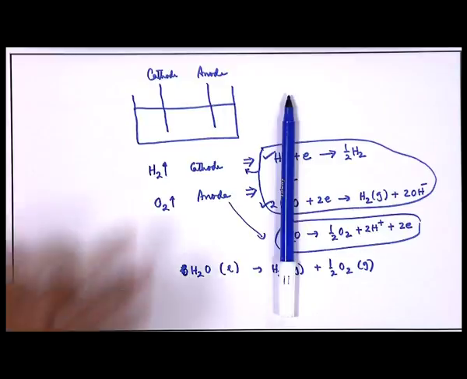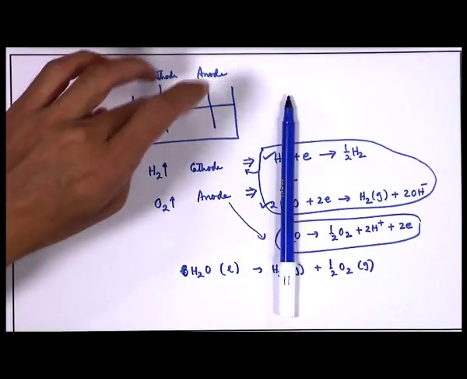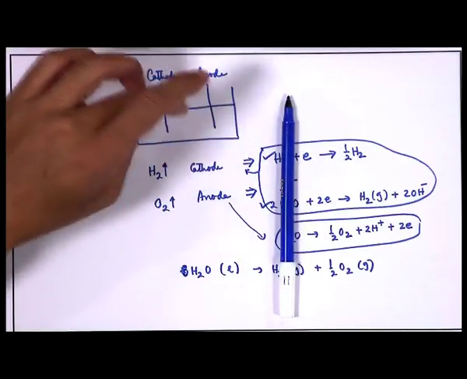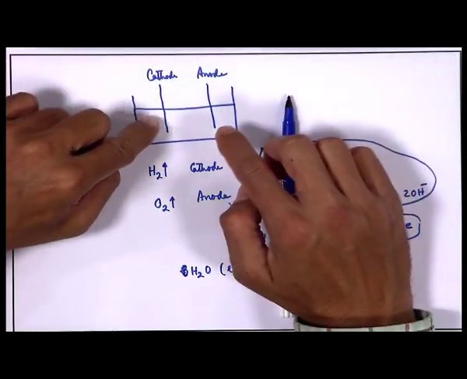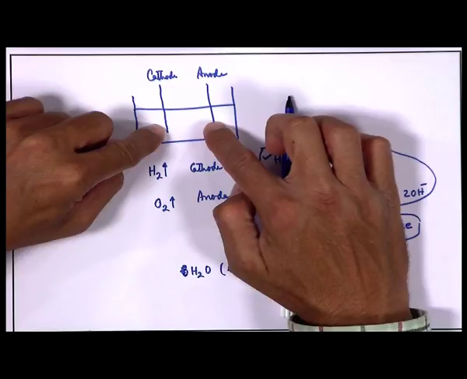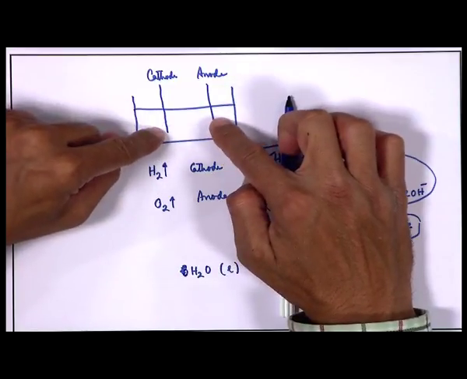Because if you supply DC, then whatever I was discussing over here is going to happen. The cathode and anode, these two electrodes, will be covered with hydrogen and oxygen, and the electrode characteristics will be affected. That is why if you have AC, then once this will be cathode, this will be anode. So, hydrogen and oxygen will be produced like this.